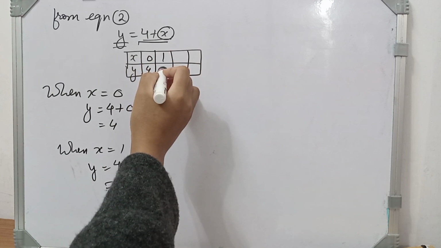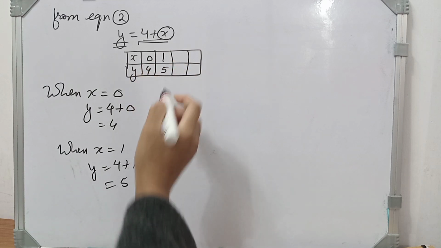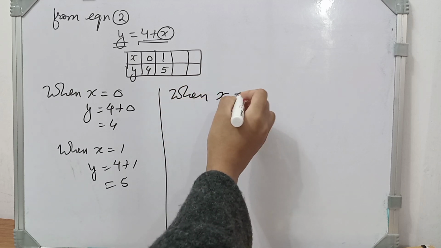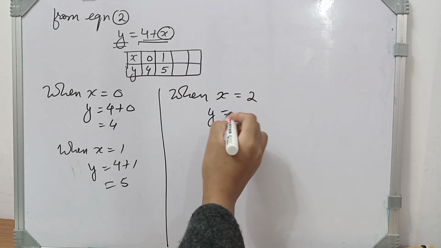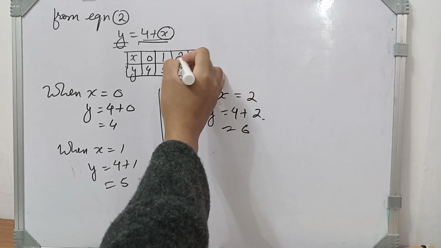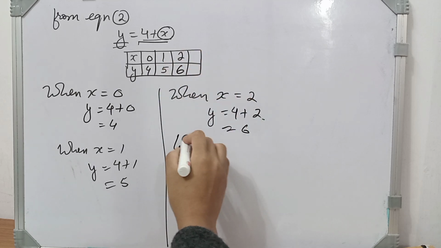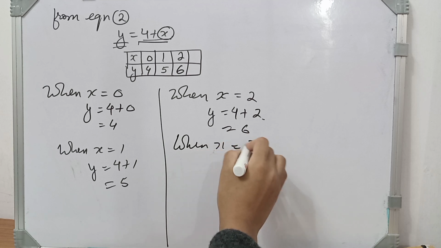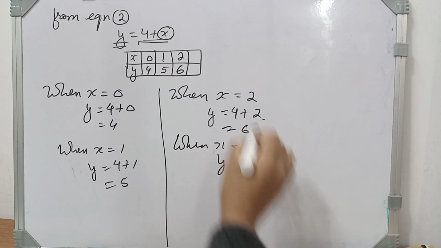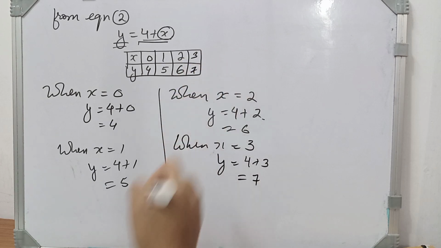When x is equal to 1, y is equal to 5. When x is equal to 2, y is equal to 6. When x is equal to 3, y is equal to 7.